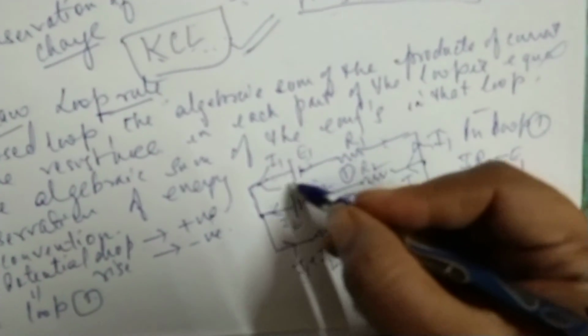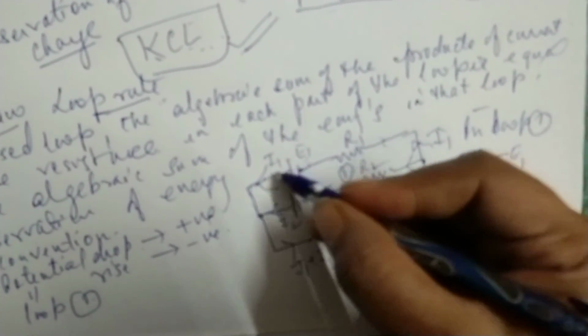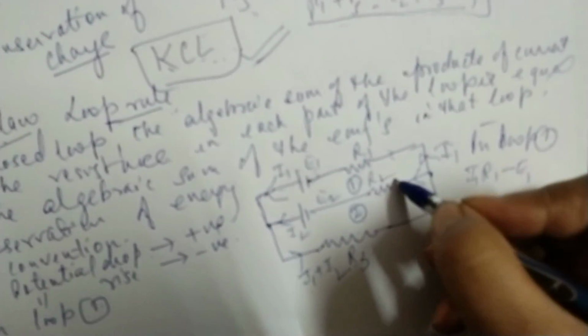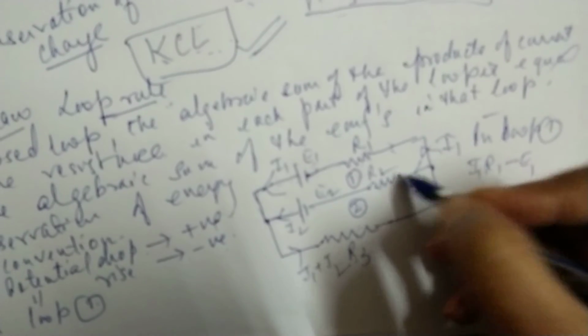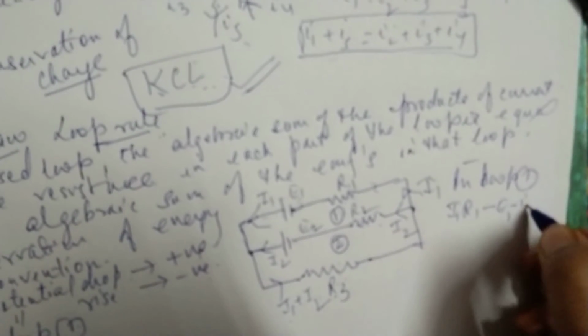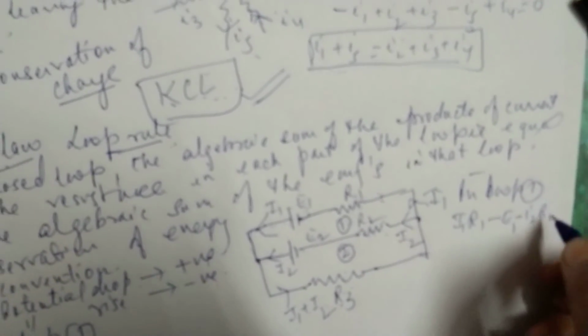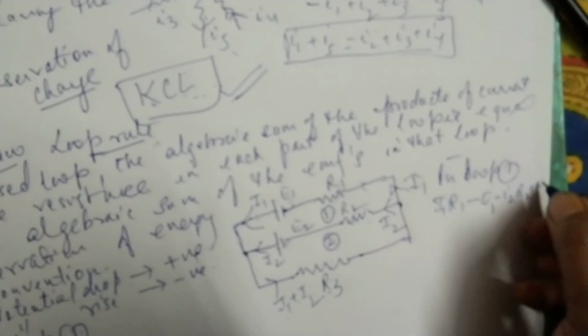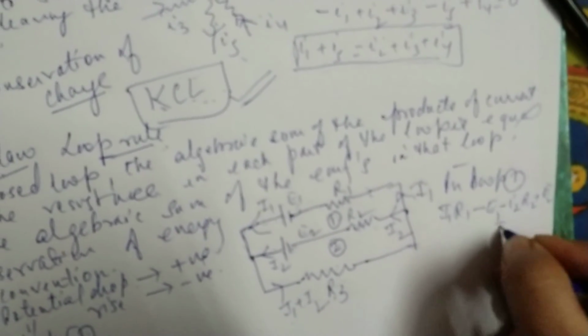But since I have already explained, the sense of the current is not in the same direction, there is a change. So although it is plus, because there is a change in the sign convention, we'll write it as minus I2 R2, and here it should be negative, but I'll write it here E2 is equals to 0.